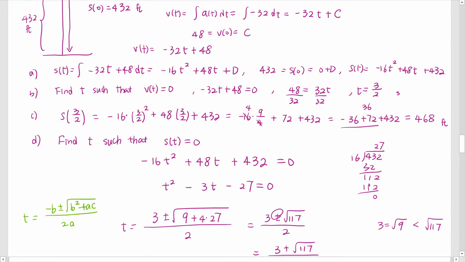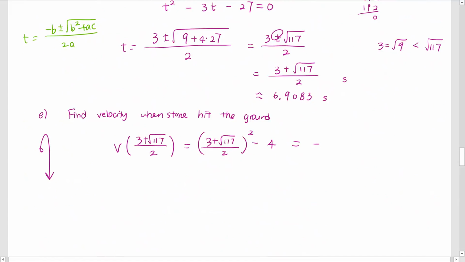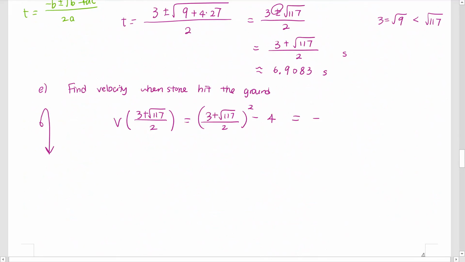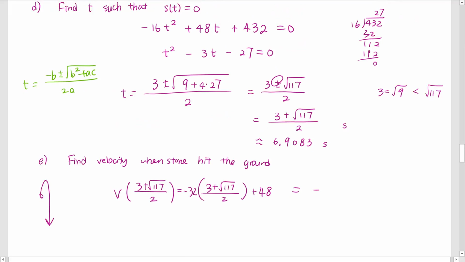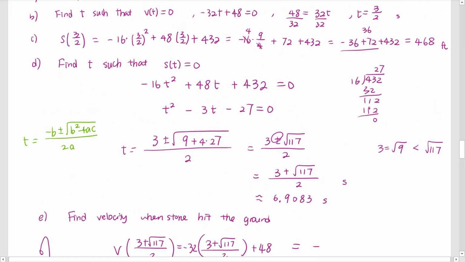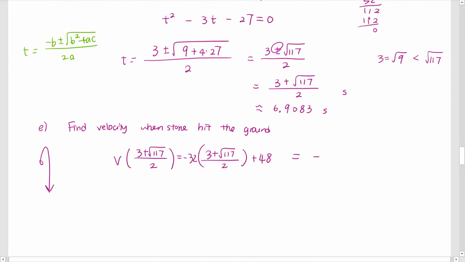So the velocity here is negative 32t plus 48. Negative 32t plus 48, right? Let me double check. Yes, negative 32t plus 48.